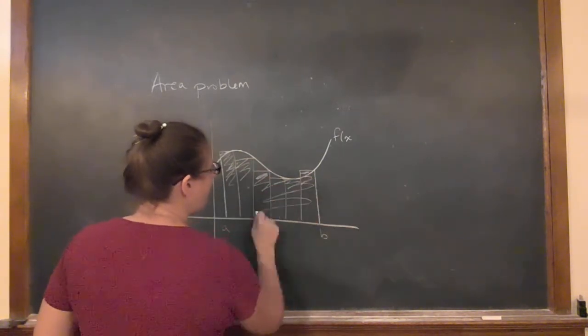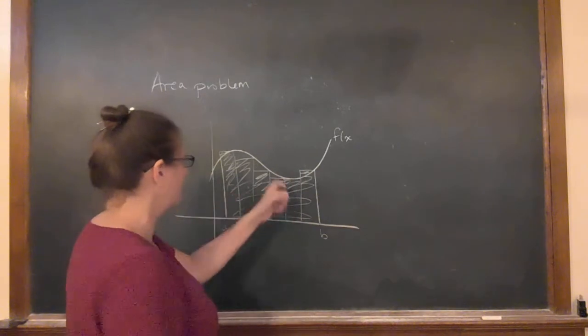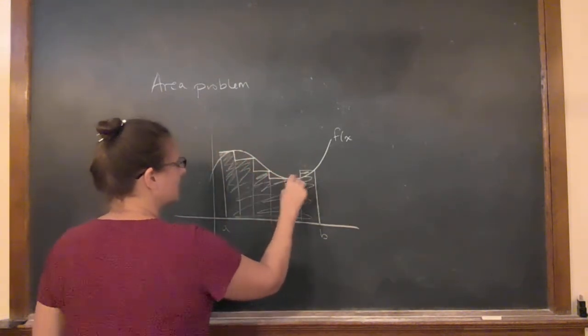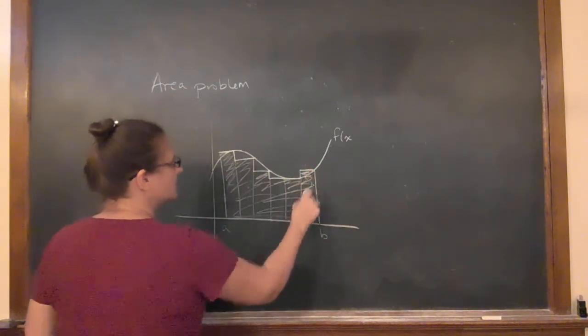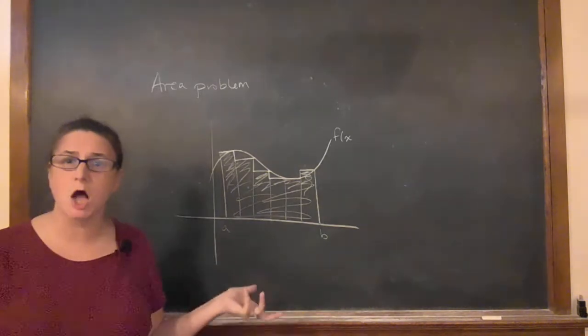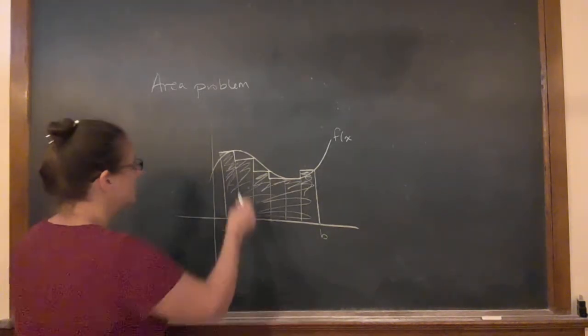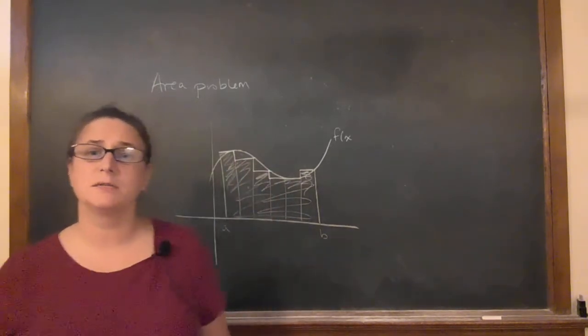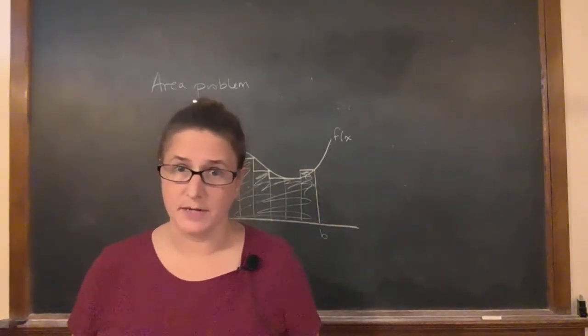So I can figure out the area there, my shaded area, which I know looks really crappy on this board, so I apologize. So I can figure that out. Again, it's not good, right? I've got this overshoot here, I've got this undershoot here. It gives me an approximation, but it's not a good approximation.